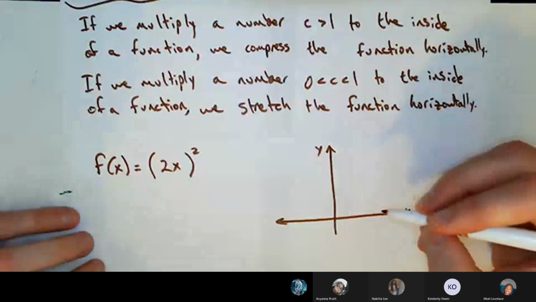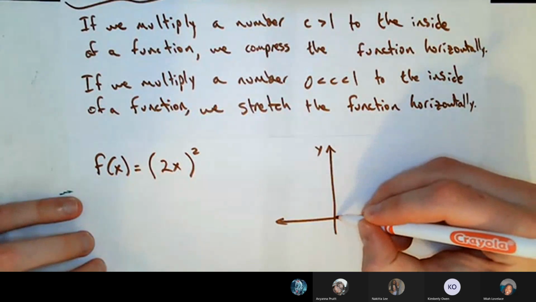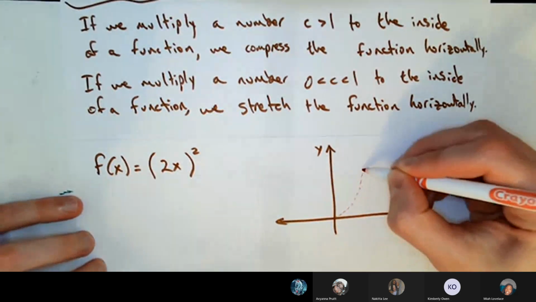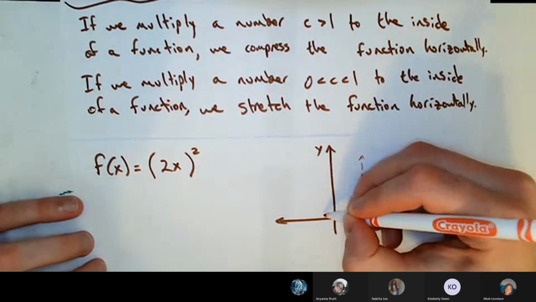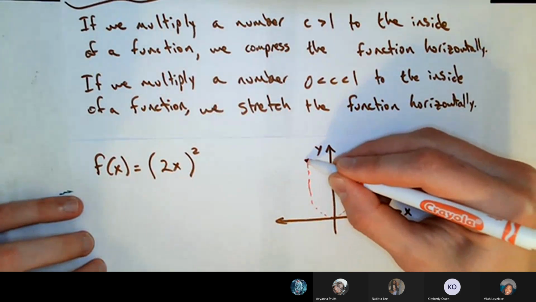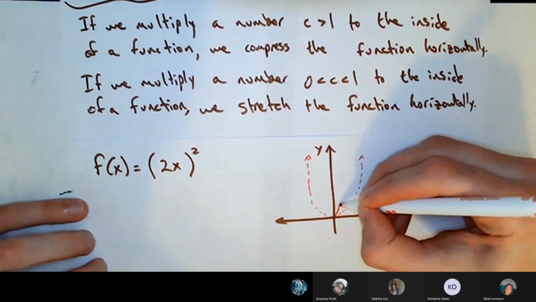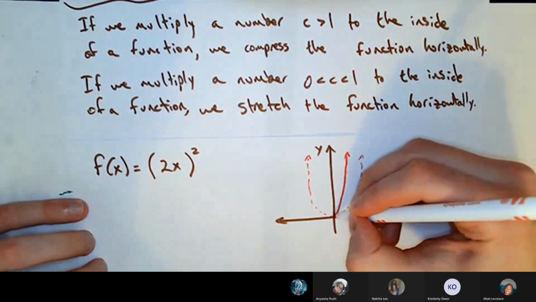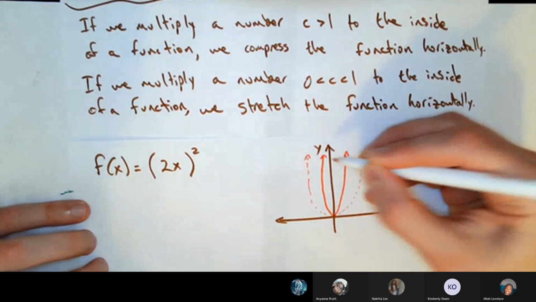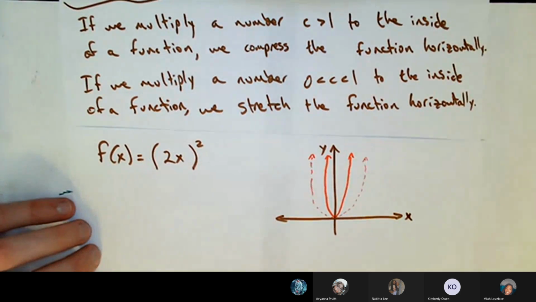If the red dotted line here is a normal parabola, then a horizontally compressed parabola should be skinnier and should grow faster. That's what this rule tells us.